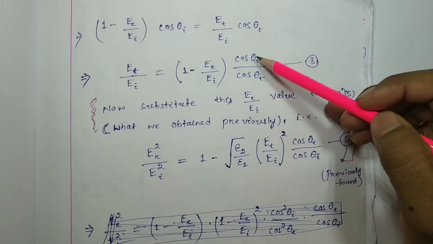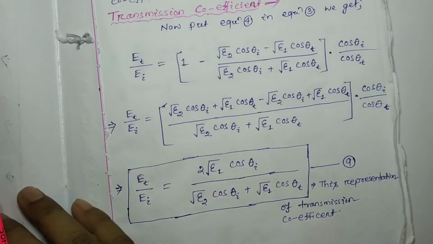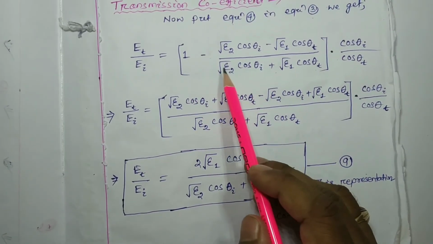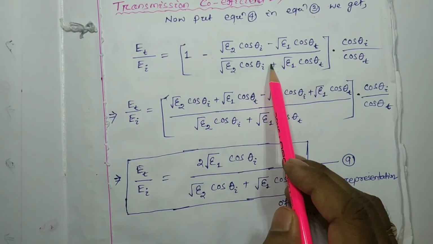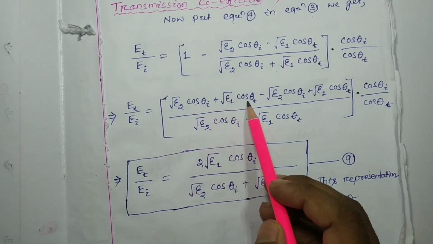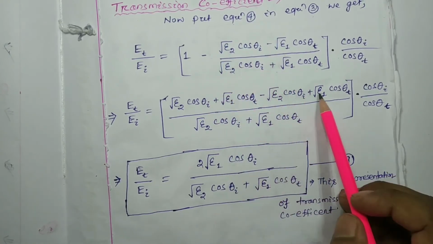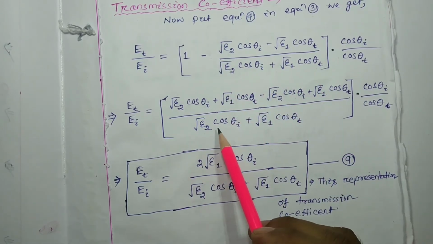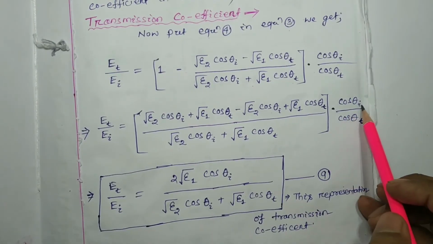Now we simply add. This will be moved here, minus this one, whole divided by this one. So it will be epsilon 2 root over cos theta I plus epsilon 1 root over cos theta t minus epsilon 2 root over cos theta I plus epsilon 1 root over cos theta t, whole divided by epsilon 2 root over cos theta I plus epsilon 1 root over cos theta t into cos theta I by cos theta t.